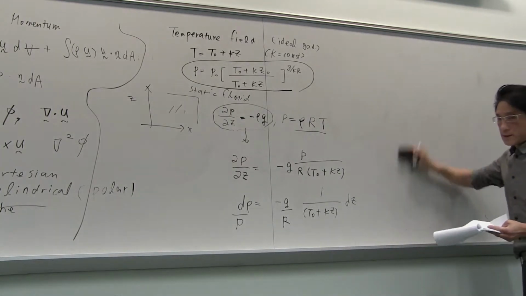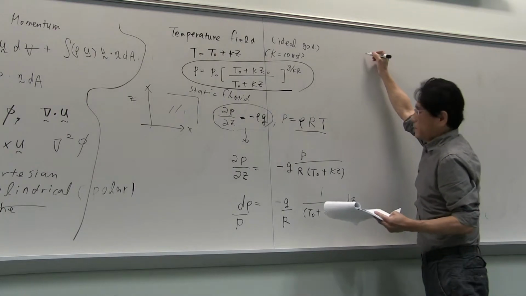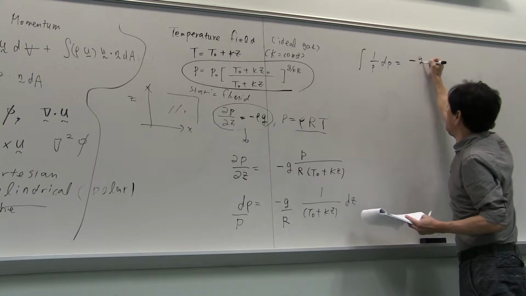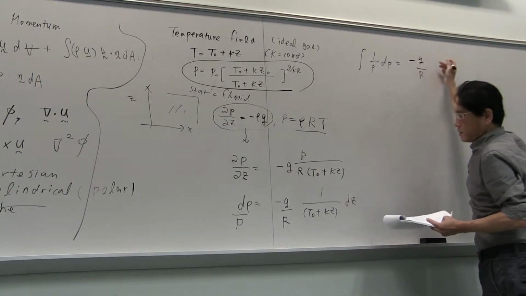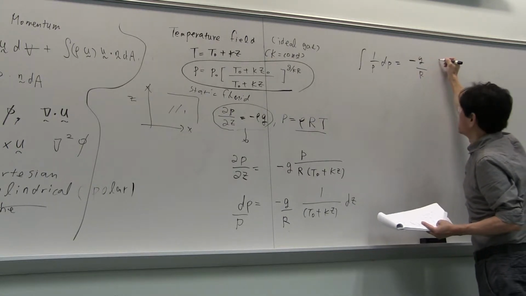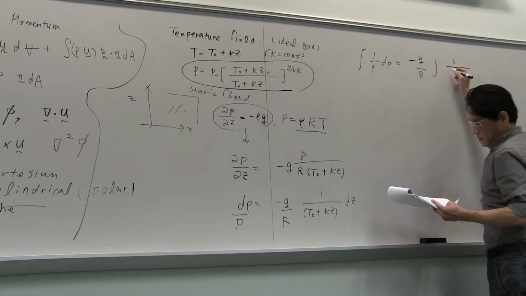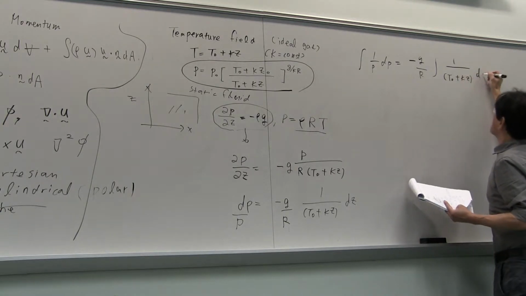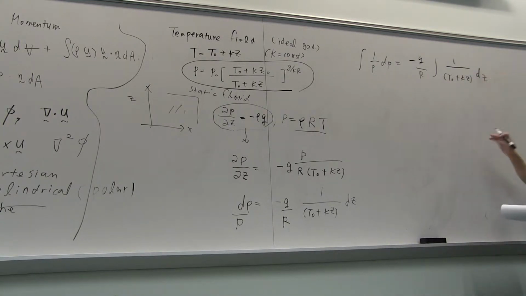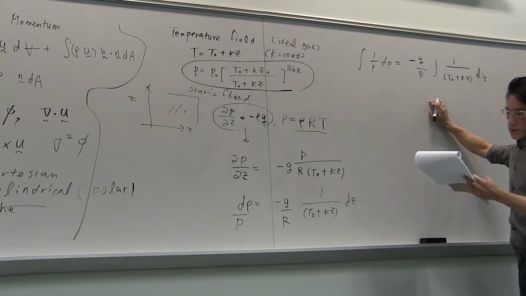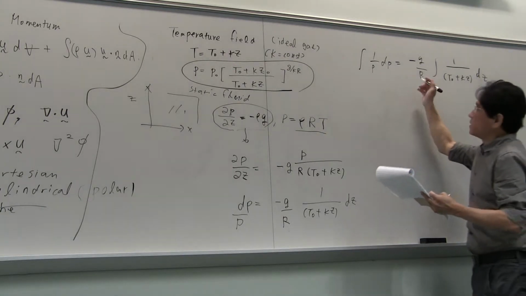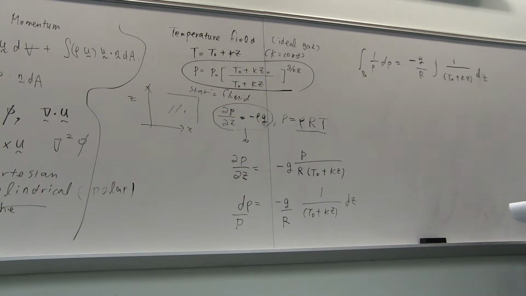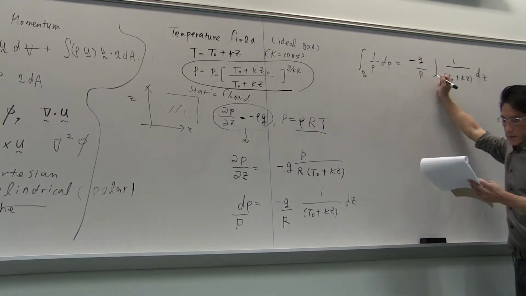Now what you're going to do is just integrate: the integral of 1 over P dP equals negative g over R times the integral of 1 over (T naught plus k z) dz. This is constant, so I'm going to take it out of the integral. When P is P naught, your z must be z naught.